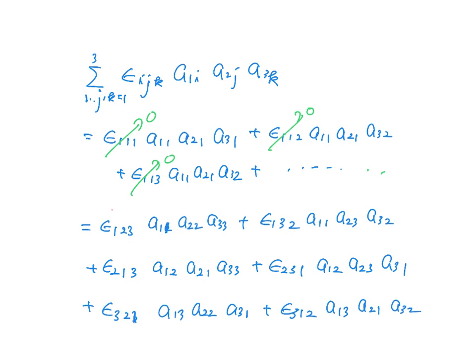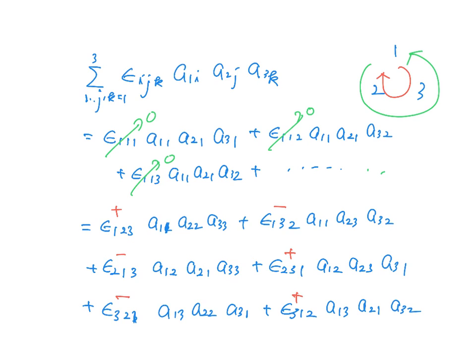This is plus. 1,3,2 is minus. 2,1,3 is minus, right? 2,3,1 is plus. 3,2,1 is minus. 3,1,2 is plus.